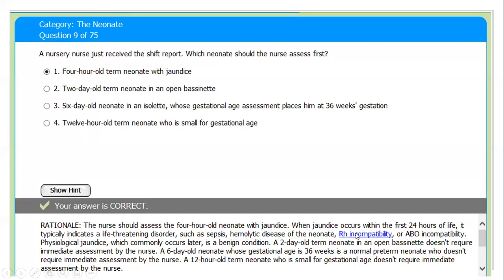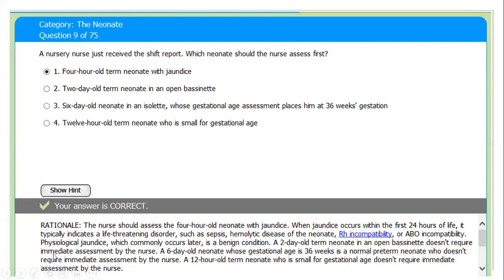What is Rh incompatibility? Rh incompatibility is a condition that occurs during pregnancy if a woman has Rh negative blood and her baby has Rh positive blood. So Rh negative and Rh positive refer to whether your blood has the Rh factor.